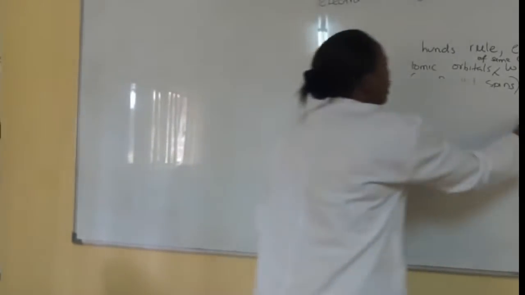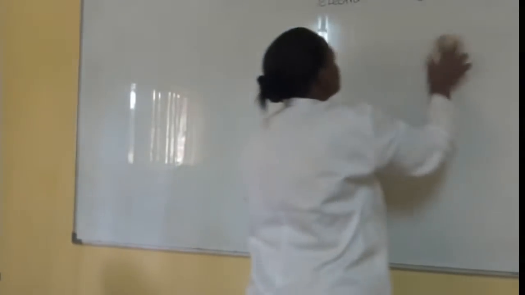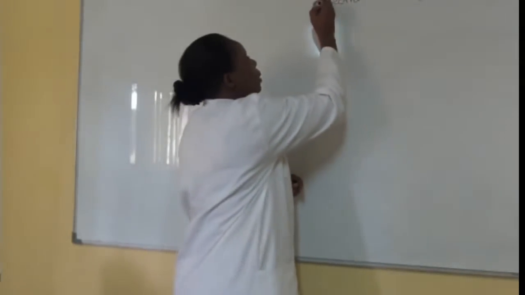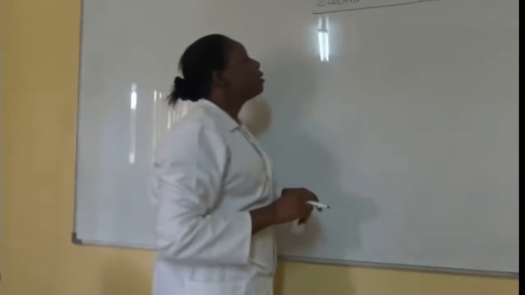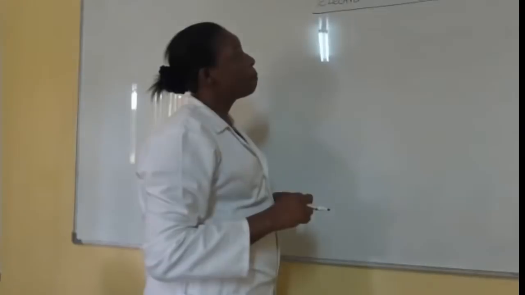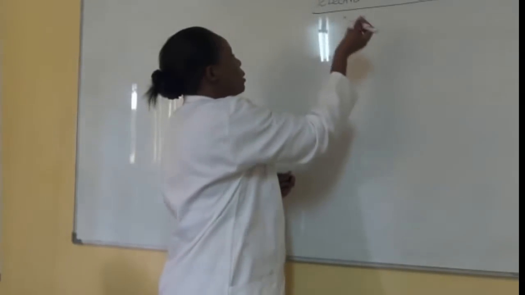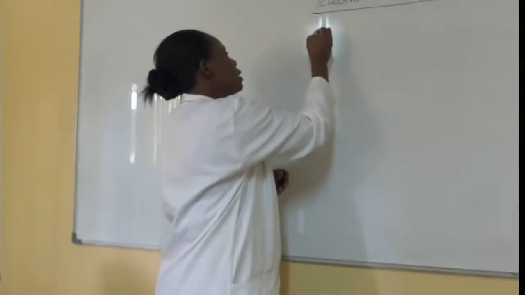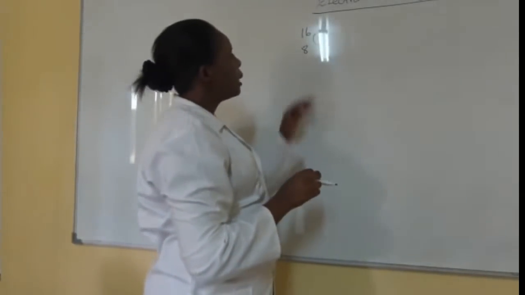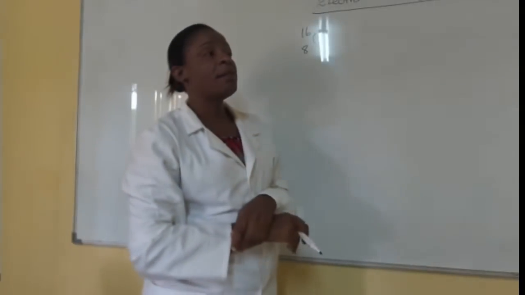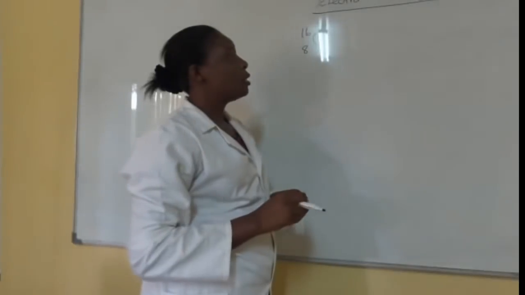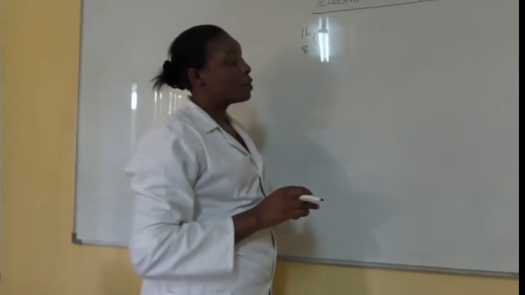Right. So now we've looked at the 3 principles, which are a guide to come up with electronic configuration. We'll now move on to how to come up with the electronic configuration of elements. We'll pick on, for instance, oxygen. A simple guide to coming up with electronic configuration is using the orbital diagram.